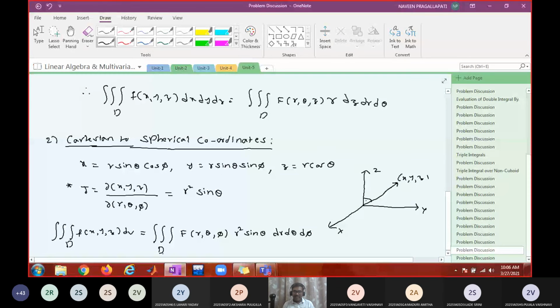The angle between the radius vector and the z-axis is traditionally taken as theta, and the projection of this radius vector on the xy plane gives another radius vector. We consider this angle as phi. So this is r, r cos theta, r sin theta. That is how you reach this point in spherical coordinates.